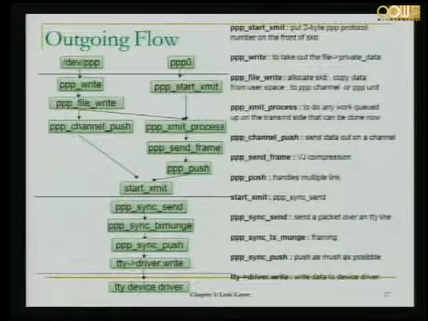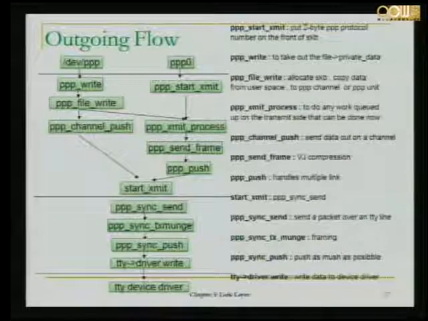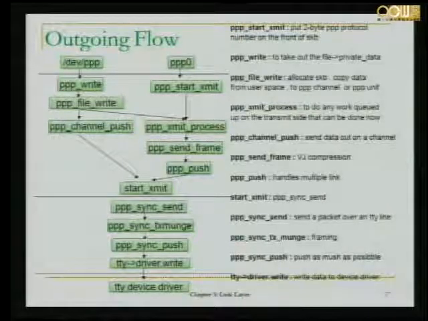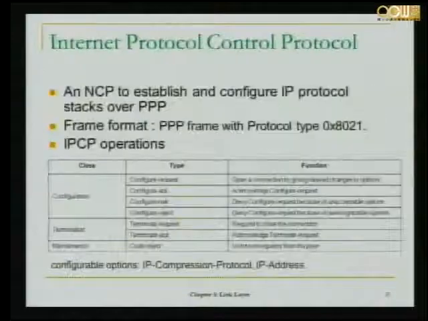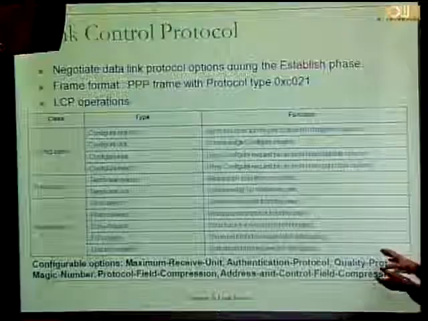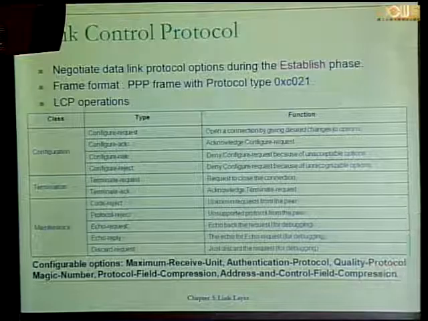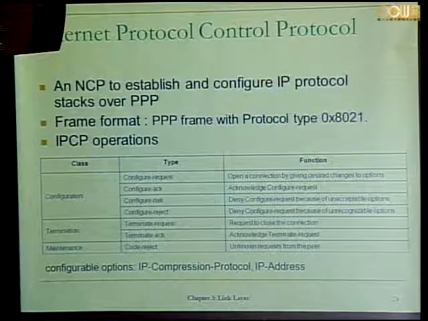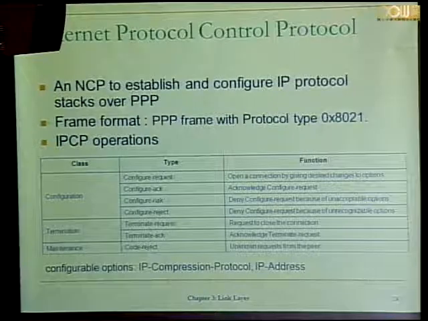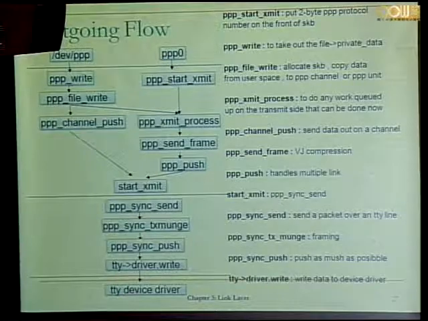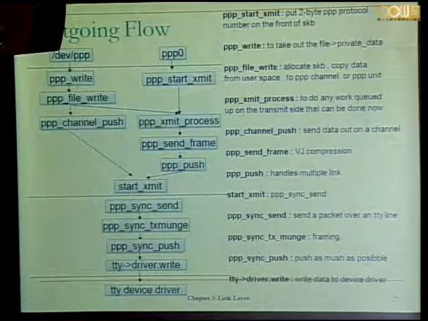If you expand, you will see that the PPP driver implementation is complicated because it needs to handle the negotiation of these parameters. So it needs to handle all this and all this. That's why it's getting a little bit complicated, for the outgoing flow and incoming flow.